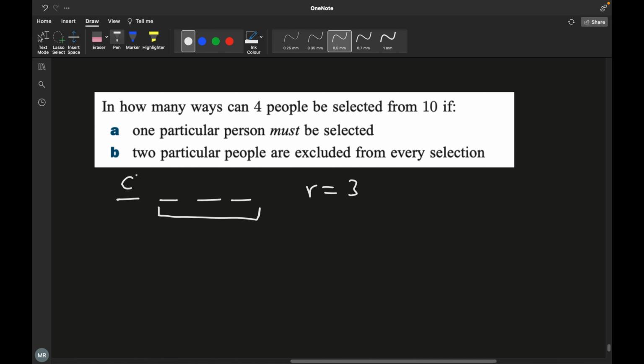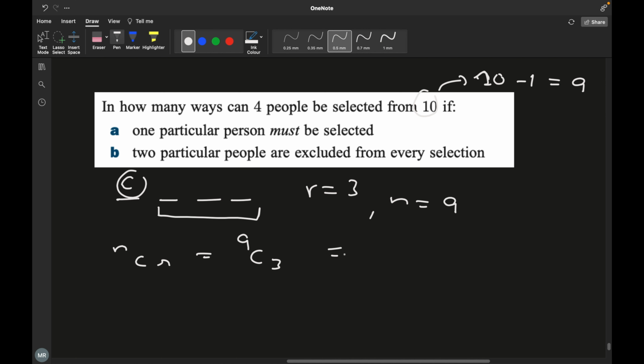And since we've already chosen this person, we can exclude him from that group. So it's going to be 10 minus 1, which is 9. So n is 9. nCr would be 9C3, which is 84. This is the answer to part A.